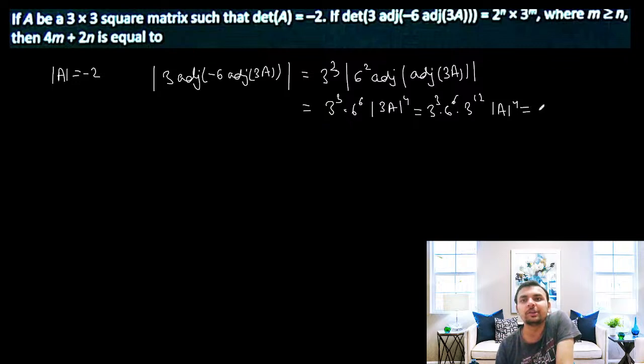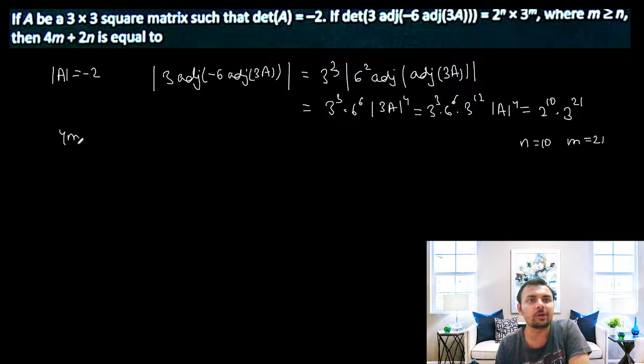So you can see that it is nothing but 2 to the power 10, 3 to the power 21. So we can say that n is 10, m is 21. So 4m plus 2n is nothing but 104. So this is the answer.